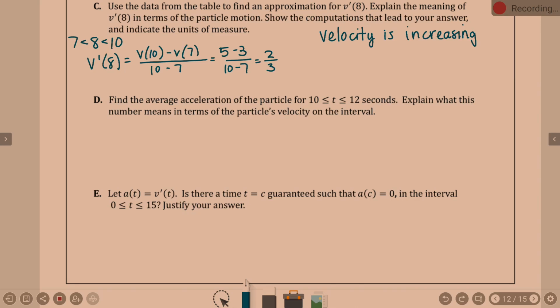And so I would have said that velocity is increasing. And of course, it's increasing at t equals 8. And you can just say 2/3 feet per second squared. We are in feet, right? Yeah.